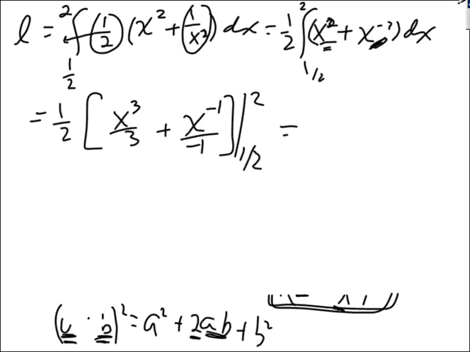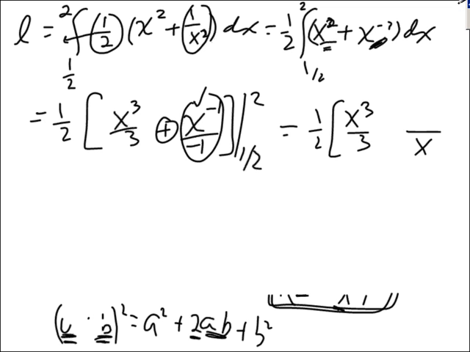But let's just clean up that second term. x cubed over 3. The x to the -1 can go in the bottom as x. And then adding, this is negative. Adding a negative quantity is just the same as taking away the positive.